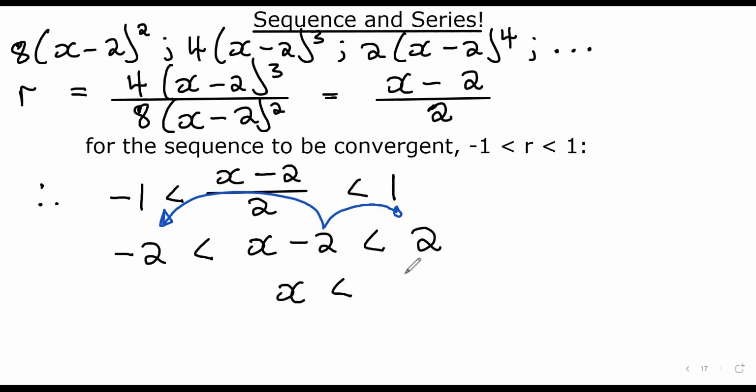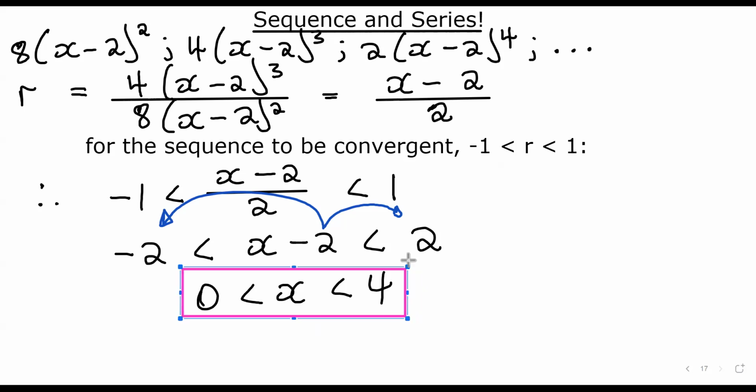So when it arrives on the right-hand side, it becomes positive, and 2 plus 2 is 4. But when it arrives on the left, it's also positive, but then we get a 0. So these are the values of x for which this geometric sequence will converge: 0 < x < 4.